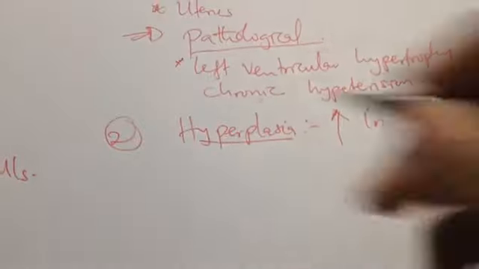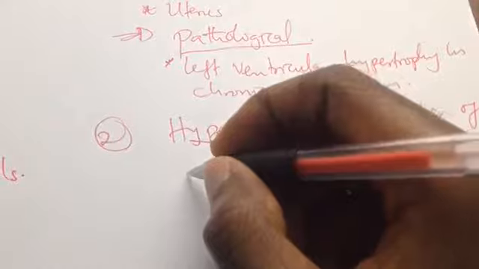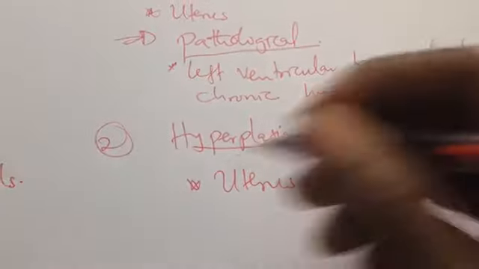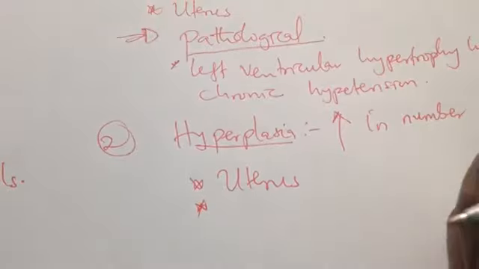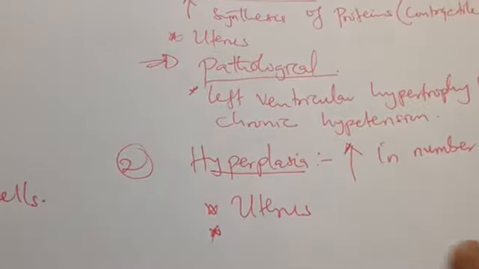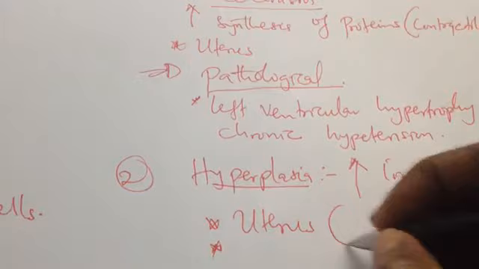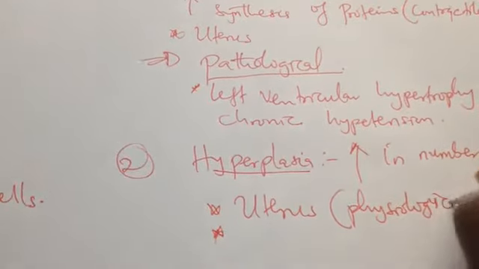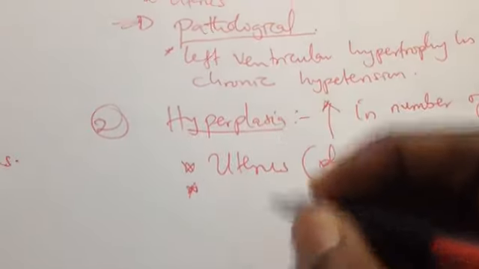So where does this hyperplasia occur? For example, in the uterus, as we have said earlier, the uterus undergoes hypertrophy and hyperplasia also. This is physiological. And also the breast.